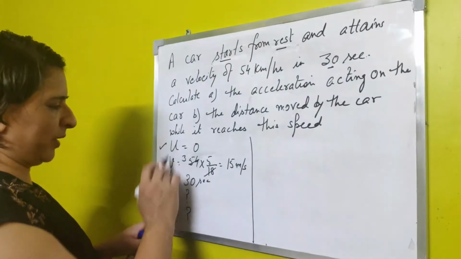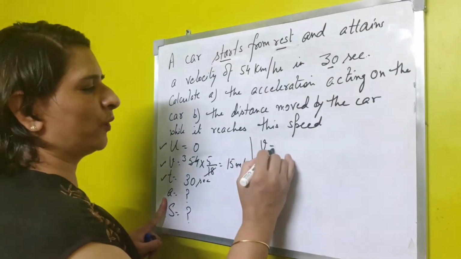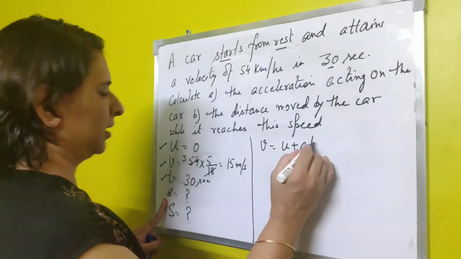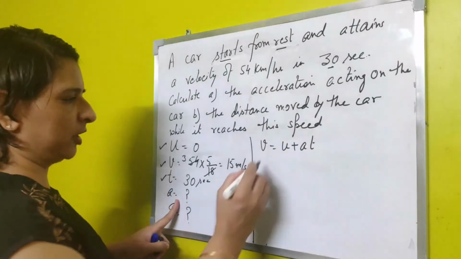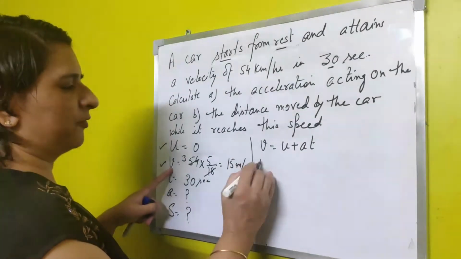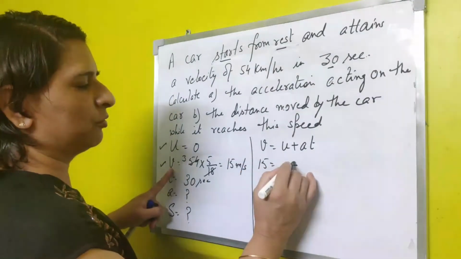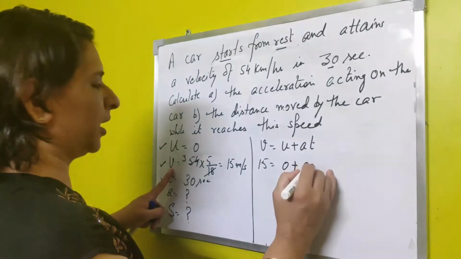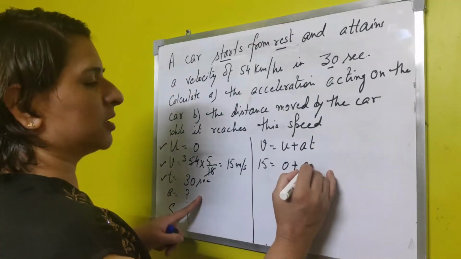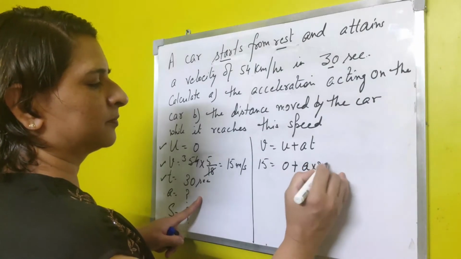As it's quite visible here, the first equation of motion can help us in finding the value of the acceleration. V is 15, U is 0, A we need to find out, and T is 30 seconds. Fine.